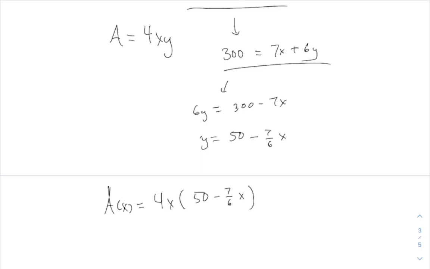So distributing the 4 gives me 200x minus 7/6 times 4, which is 28/6, which is 14 over 3 x squared. Is that right? Anybody agree with that? I think so. Some people do. All right. This is my formula for the area.